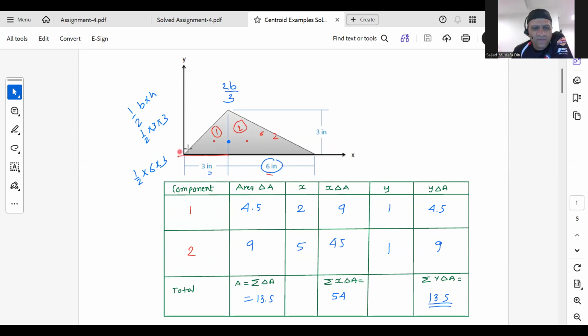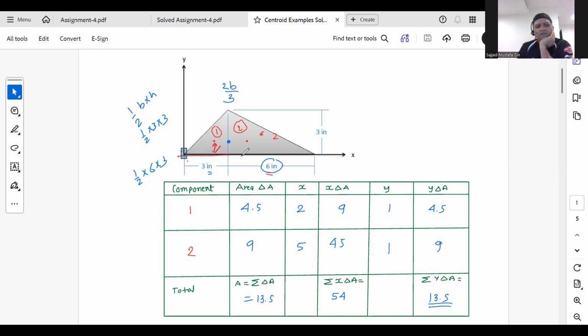And where are you finding it from? You're using this as your reference origin. Take a look. So x is going to be 2 for component 1, so it's going to be here. And the y component is going to be 1.